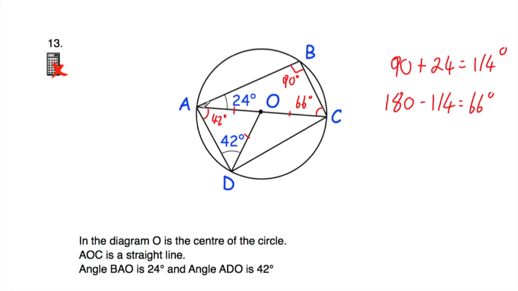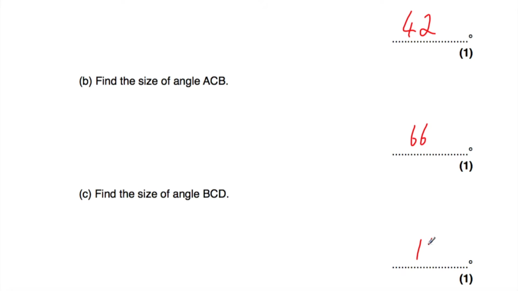So 42 plus 24 is equal to 66 degrees, so this angle is 66 degrees. The opposite angle in the quadrilateral, the whole angle BCD, would be 180 take away 66, which is equal to 114 degrees. So the angle BCD is equal to 114 degrees.